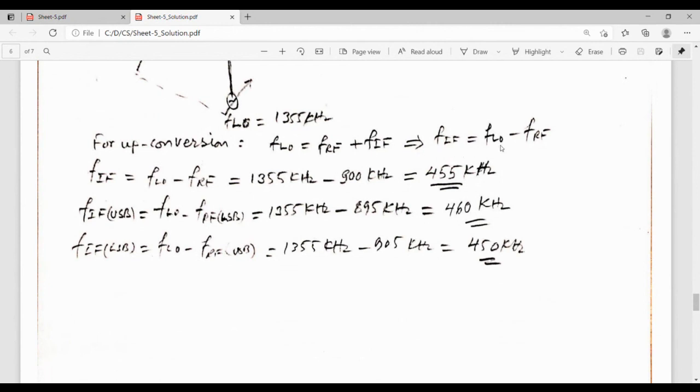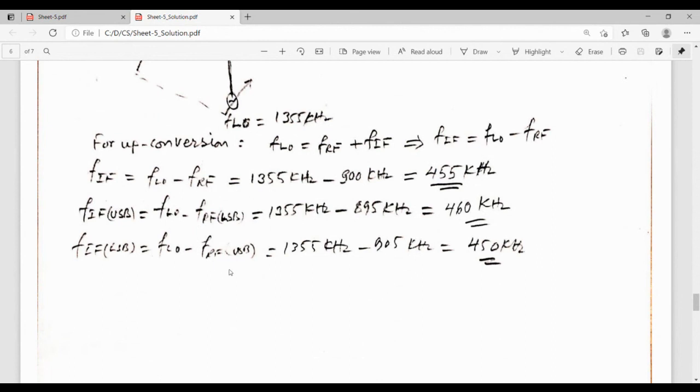So IF equals FLO minus RF. Substitute these values, you will get 455 kilohertz for up conversion, the intermediate frequency value. And for the upper sideband and lower sideband: FLO minus 895, 1355 minus 895, so it will be 460 kilohertz.